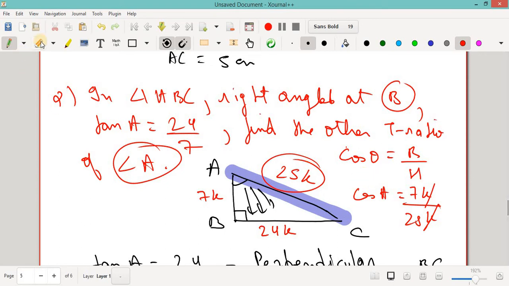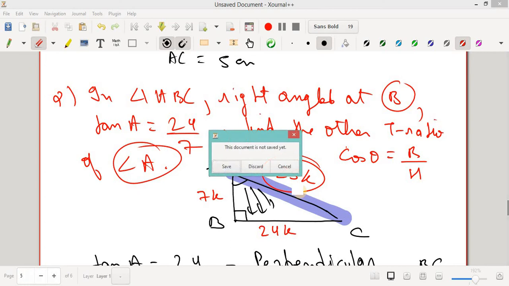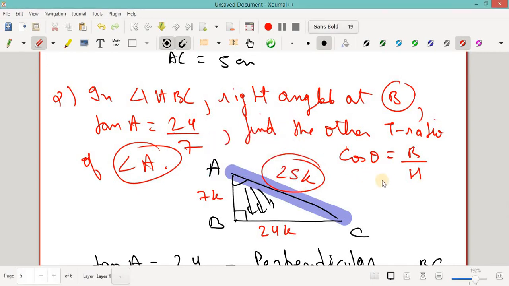Okay, done. Next one. Next one is your tan, which is already given. No need to do it again. Next you have to find what? Cot theta. Now students, let me find cos A again.